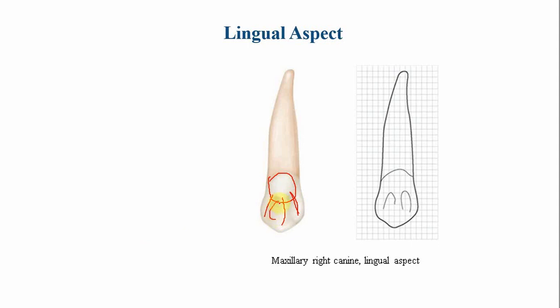So this is the mesial and this is the distal fossa. Also, the root, as we forgot to mention in the labial aspect, is narrow mesiodistally and usually has a curvature in its apical end, mainly toward the distal.